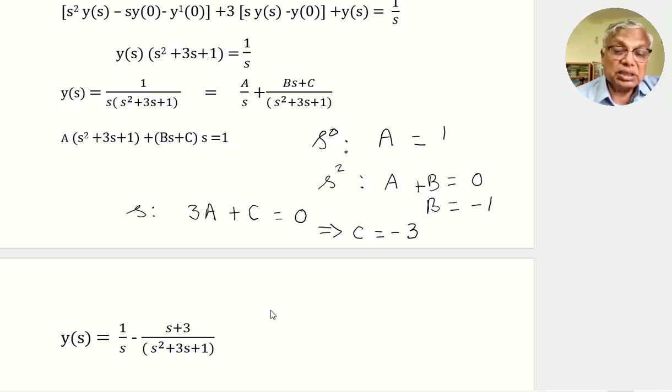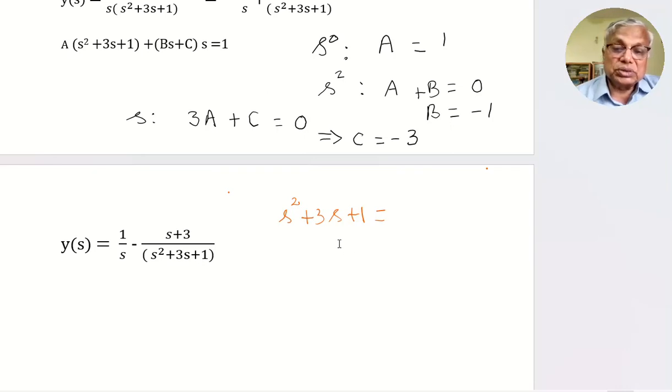So let me see, I'm going to express this s square plus 3s plus 1 as a sum of two squares, or it can even be a difference of two squares. Sum or difference of two squares. So the first two terms, s square plus 3s, can be written as some square. Try to write it as two squares. What will be the first two terms?